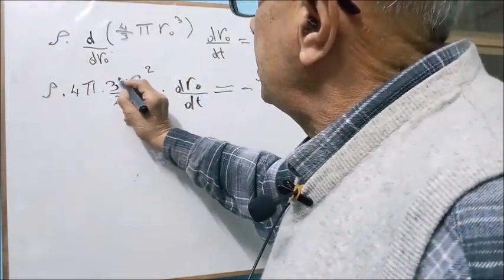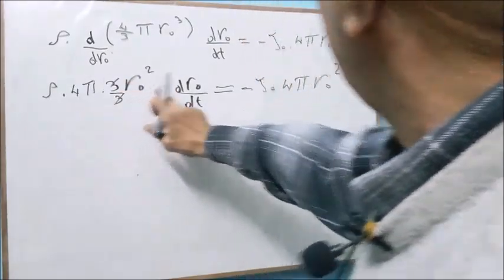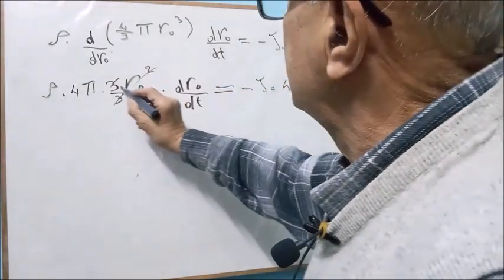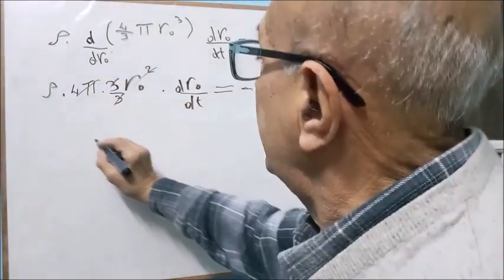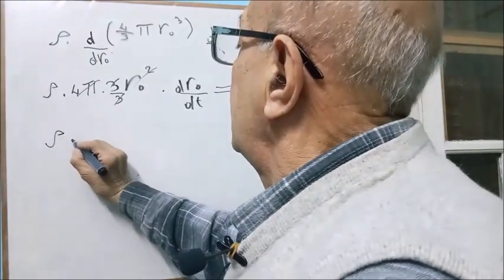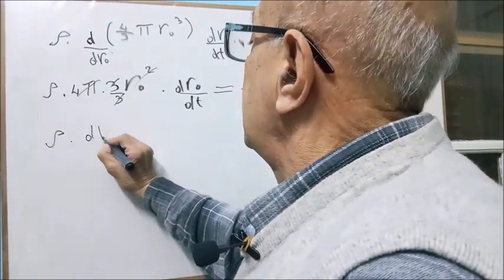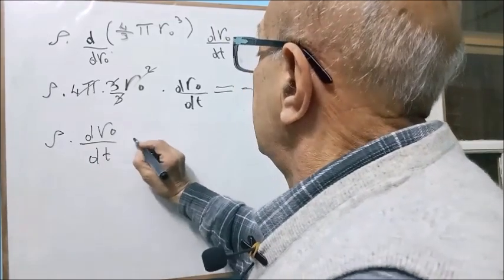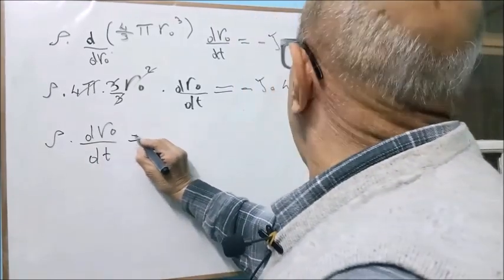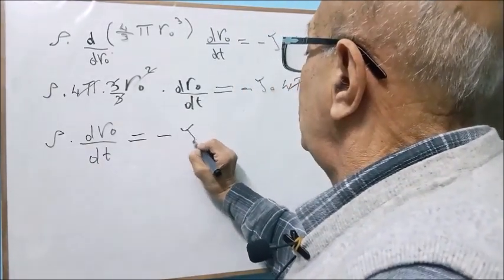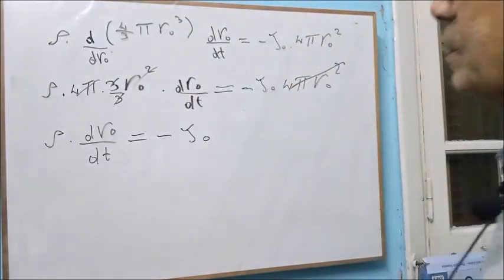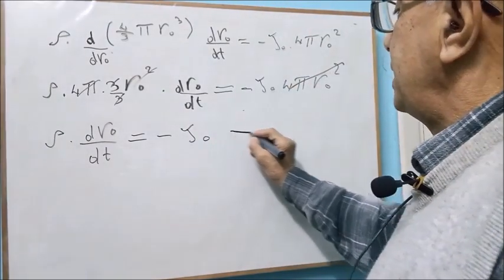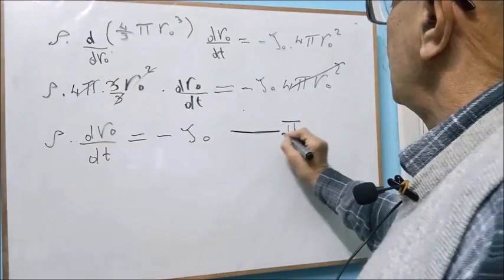Here 3 cancels with 3, and 4π ρ0 squared cancels with each other. So we are left with ρ dρ0 by dt equals minus J0. Very nice. That's relation 2.